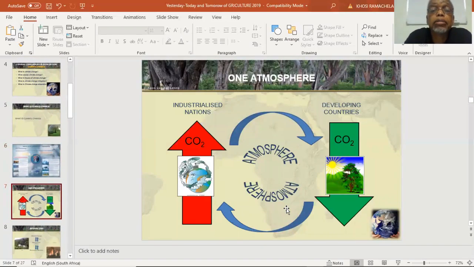In this depiction, we have the red depicting your CO2 emissions, then you have the green depicting your sequestration of CO2. Most of the emissions of CO2 are from industrialized countries, and the green shows the forest cover, which is mostly in developing countries.